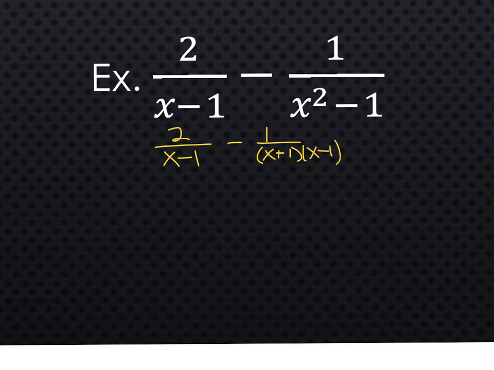Okay, and then remember, we're going to identify our lowest common denominator, just like with addition, and we know we need an x minus 1 and an x plus 1. So the next step becomes, how do you turn that 2 over x minus 1 so the denominator looks like the common denominator? And hopefully you recognize that you have to multiply both top and bottom by x plus 1.